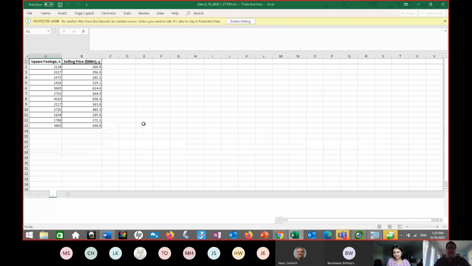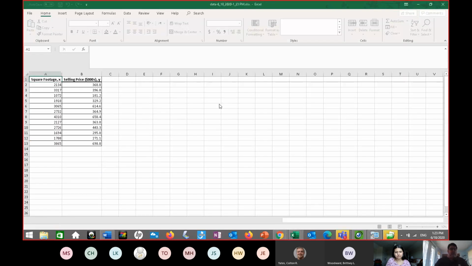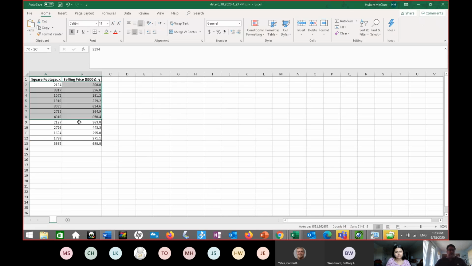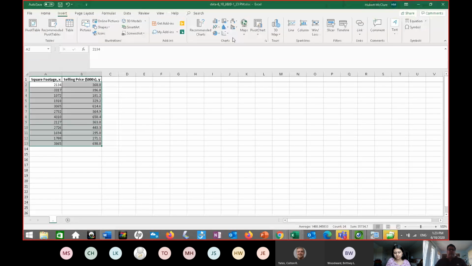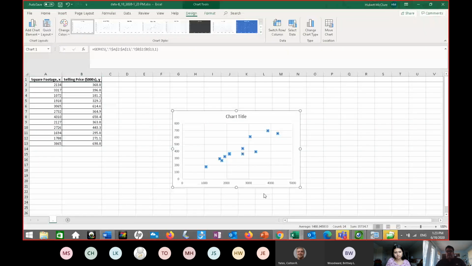Okay, there we go. And I'm going to highlight this. And I'm going to hit insert chart. Right click on one of the dots. Add trend line.